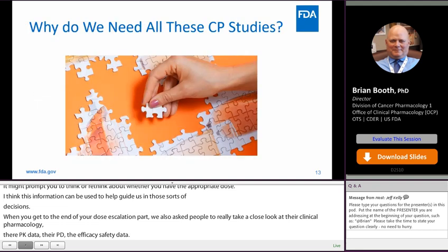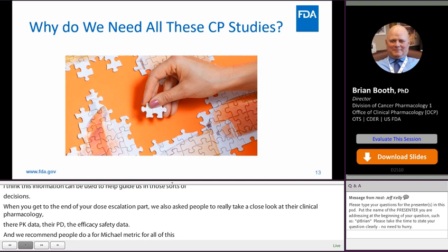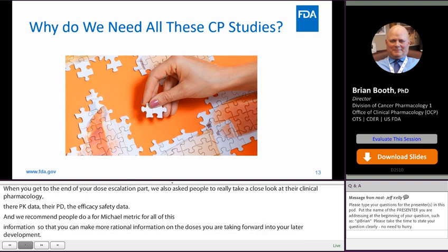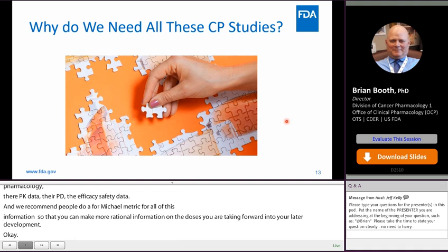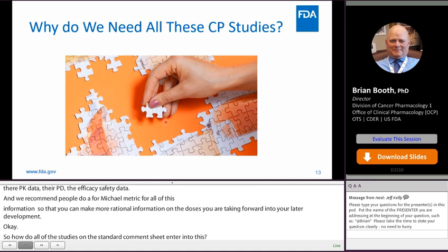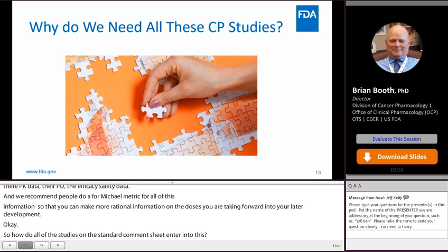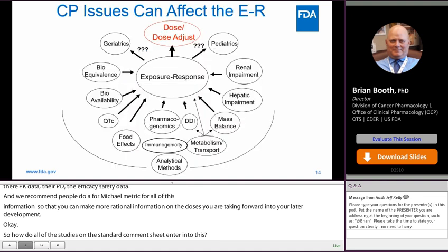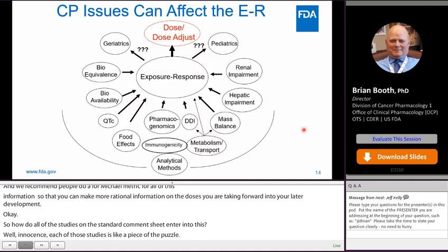Okay, so how do all the clinical pharmacology studies on the standard comment sheet enter into this? Well, in a sense, each of those studies is like a piece of the puzzle, and once you put it all together, then you can see the whole picture with respect to behavior of the drug. Now, another way of looking at this is in these terms.